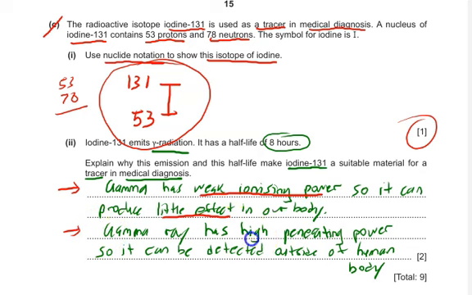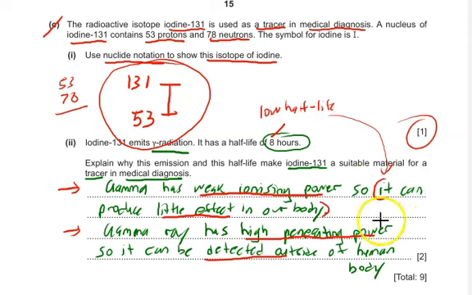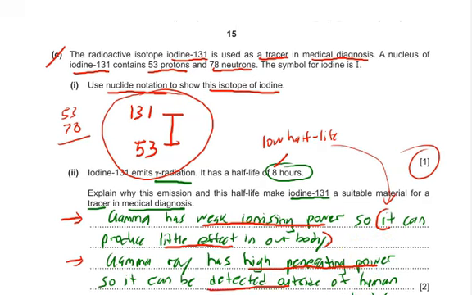And gamma rays have a high penetrating power, so they can be detected outside of the human body. And you can also add on, it has a short half-life, which can produce little effect in our body. So you can add on these points as additional. Okay, so this is the suggested answer for this question.